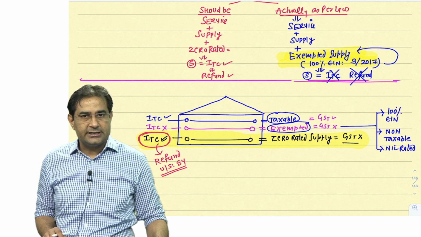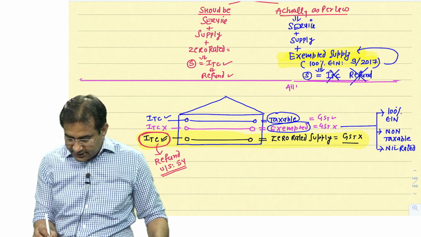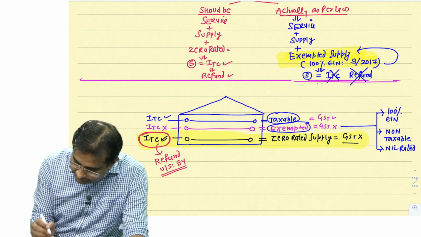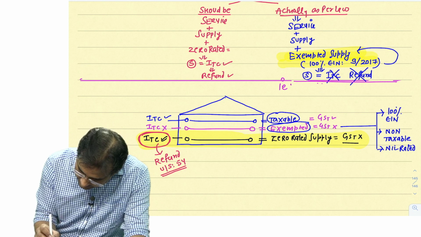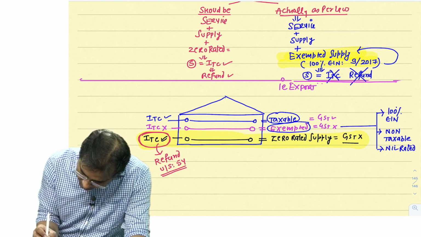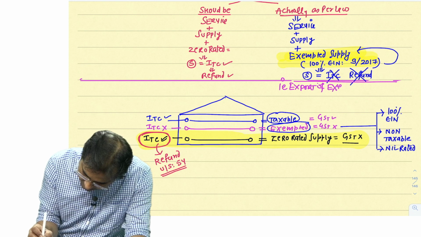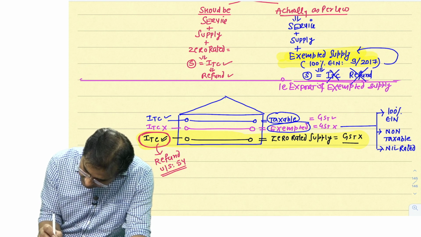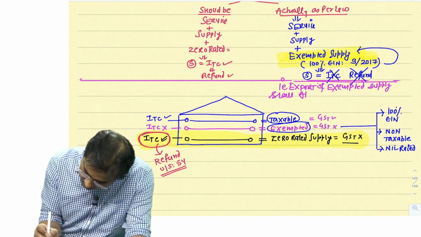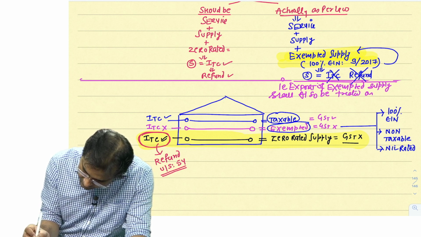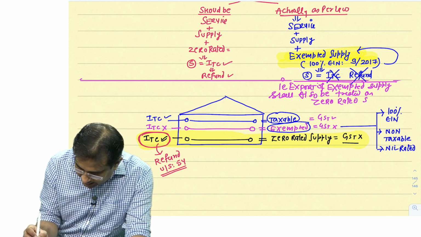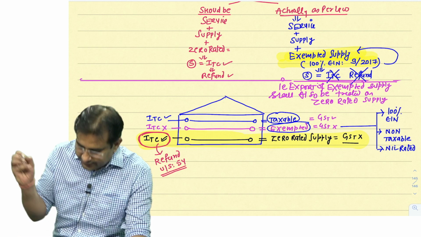The explanation said that export of exempted supply shall also be treated as zero rated. Shall be treated as zero rated.